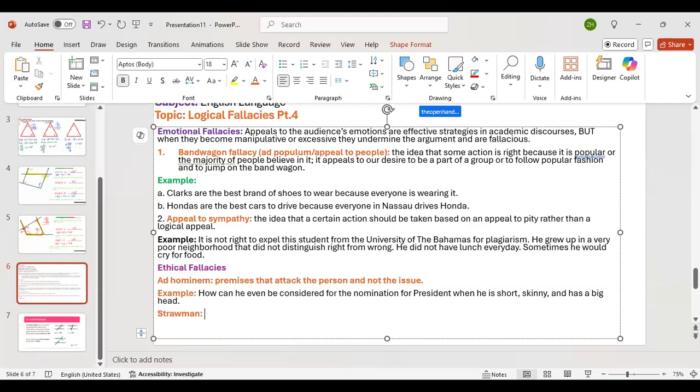So instead of saying he should be considered for president because he is short, have a bald head, head big or something like that, what you're gonna say is he shouldn't be considered for president because he has not demonstrated leadership qualities. That's what you could say, right? But you can't say he shouldn't be considered president because he has a big head and he's ugly. That's you attacking the person, and not the actual problem at hand.